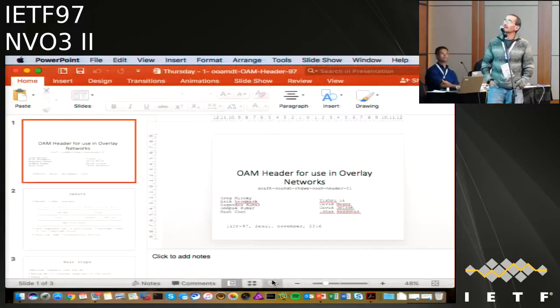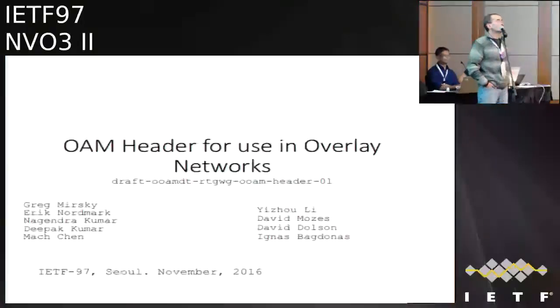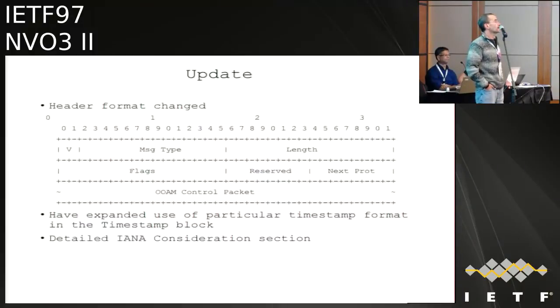Yeah, we can go to the next slide right away. Okay, so this is an update. You may recall we had an overlay OAM design team formed in the routing area and chartered to do work that would be applicable to new overlay technologies, including Layer 3 overlay, SFC, and BIER.